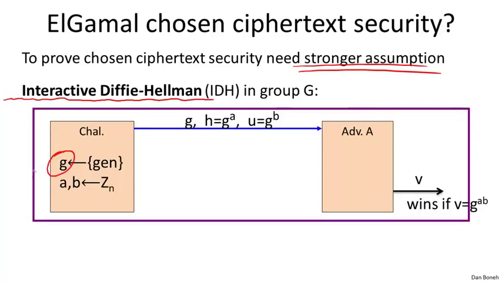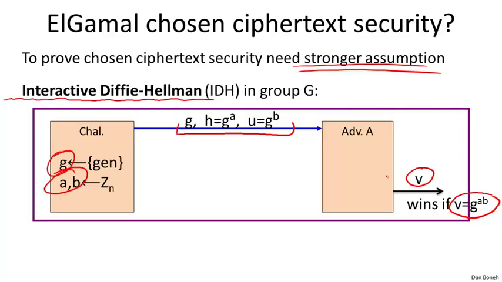He generates a random g, generates two exponents, and then he sends to the adversary, as usual, g^a and g^b. Now, the adversary's goal is to figure out the Diffie-Hellman secret, namely g^(ab). He outputs the value v, and he wins the game if v is equal to g^(ab). So far, this looks identical to the computational Diffie-Hellman assumption. There's no difference.